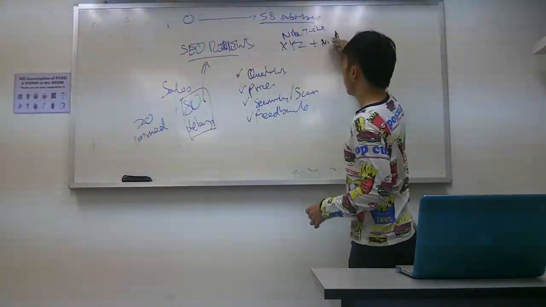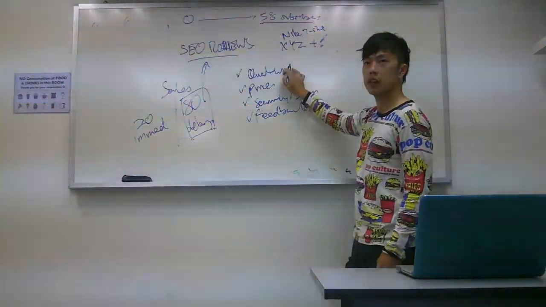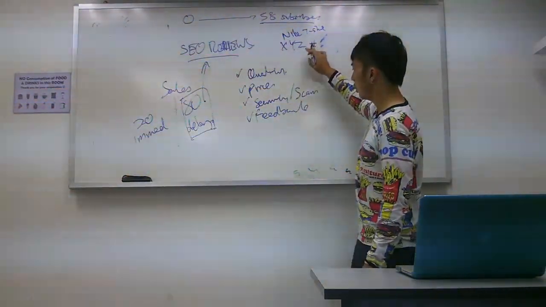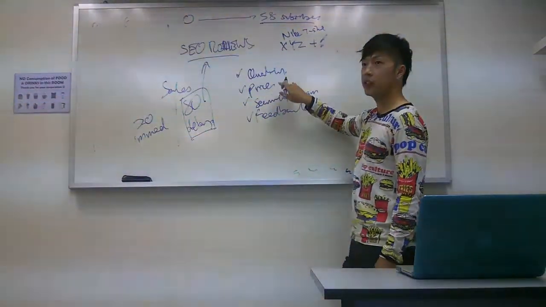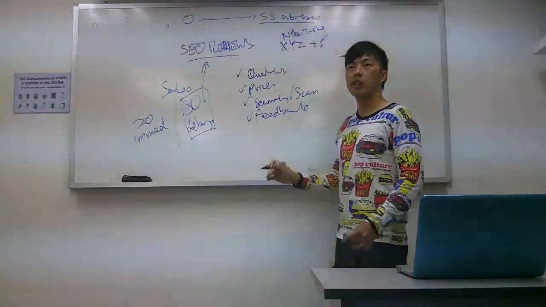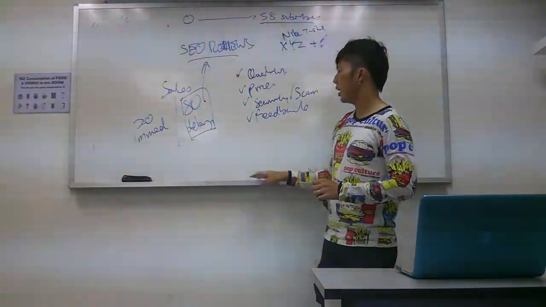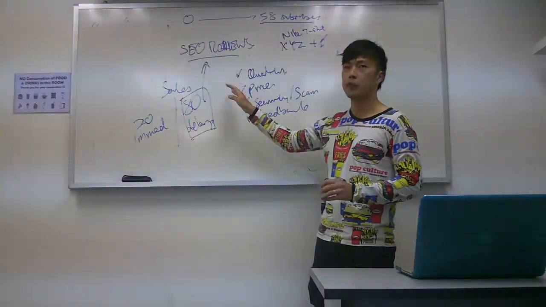Then over here it's going to be Nike t-shirt quality, Nike t-shirt price, Nike t-shirt seller's security, or is it a scam? Feedback about the seller. These are the things that people look at. And on the same basis, that's how I do the reviews.